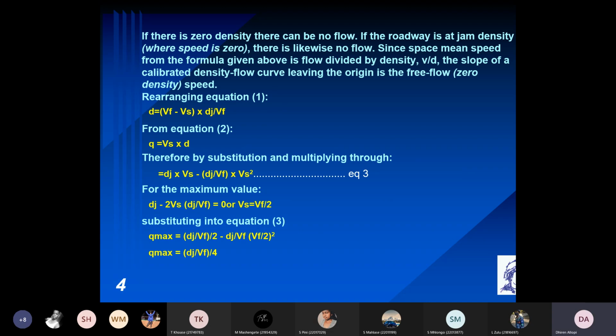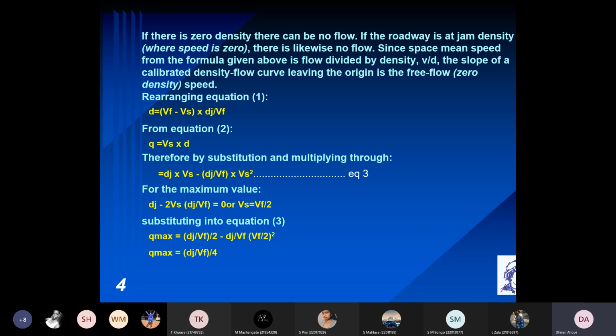So basically, going through the various factors, like the first equation that we looked at, if you have no flow, the second equation, you have no flow, then you are looking at no density. And if one then looked at equation 1 that we went through a short while ago and equation 2, the basic fundamental equation, and rearranged that, we can arrive at equation 3.